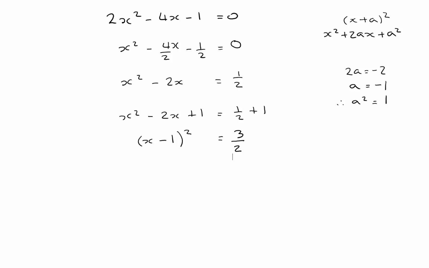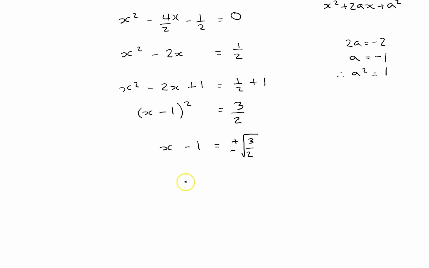We can now proceed to solve it by square rooting both sides. So we get x minus 1 is equal to plus or minus the square root of 3 over 2. And finally, x is equal to, I'm going to add 1 onto both sides, so 1 plus or minus the square root of 3 over 2.